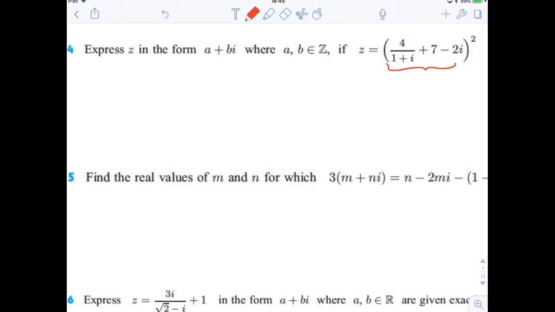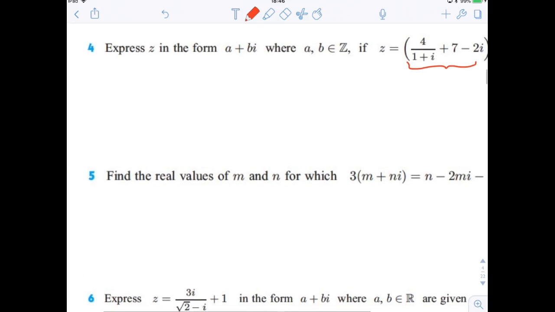Either we could get a common denominator. Yeah, common denominator. So the left term is going to be 4 over 1 plus i. The right term, 7 minus 2i, let's try to multiply it times 1 plus i on top and 1 plus i on the bottom.